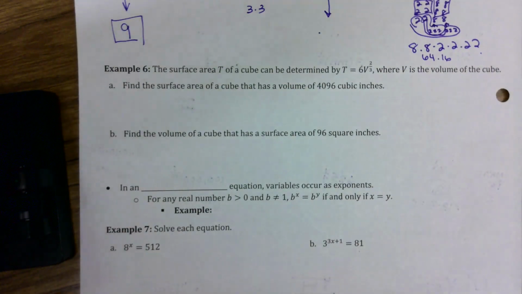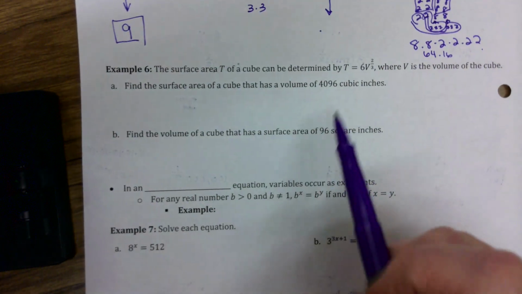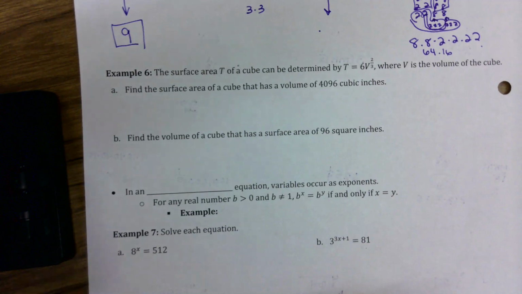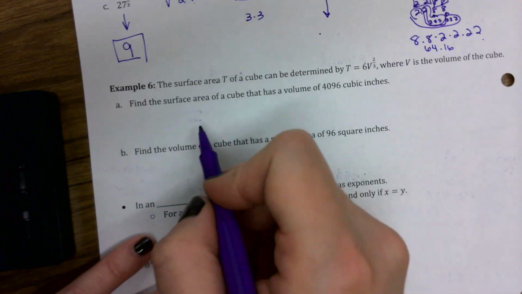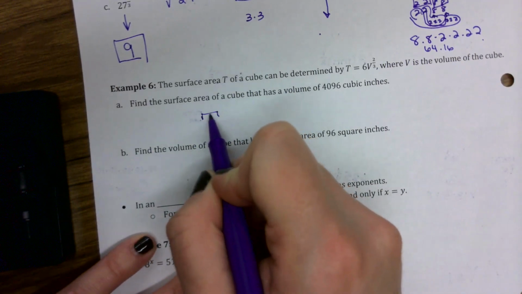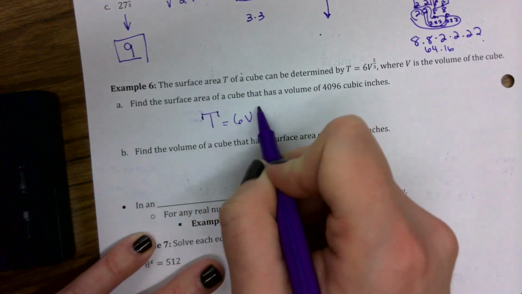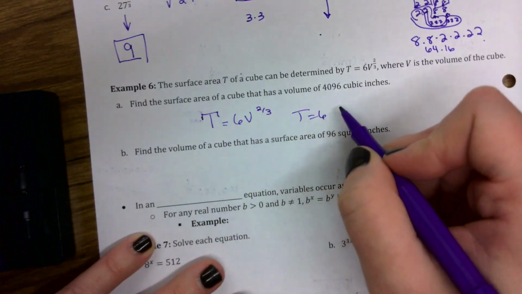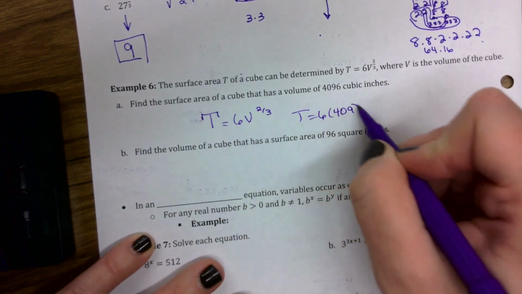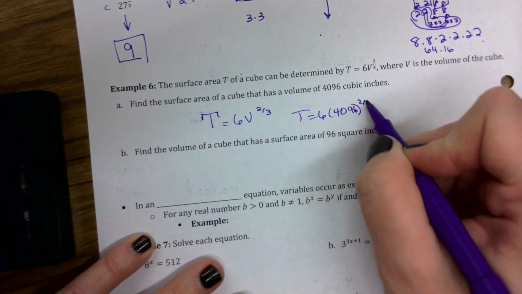Here it says the surface area of a cube can be determined by this formula, where V is the volume of the cube. Find the surface area of the cube if the volume, so this is my formula, the volume is what they give you, is 4096 to the 2/3.